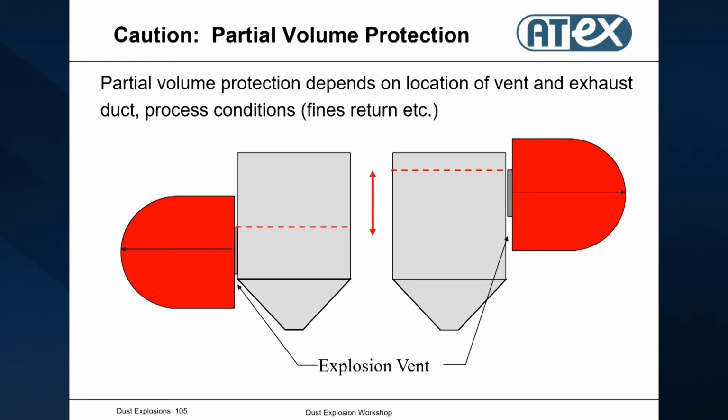But if you put your vent on the top of this vessel, even if you normally have dust only in the lower part, in an explosion you push the dust cloud into the upper part, and the only thing that happens is that less dust goes to the outside and creates an explosion outside. That means you still have to use the whole volume.